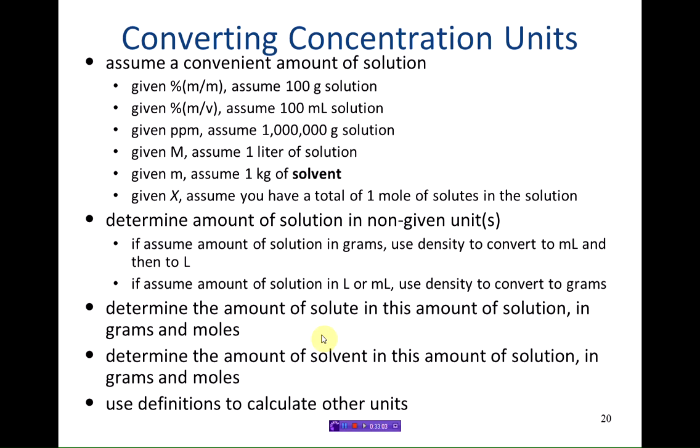So rather than assuming some weird numbers, make your life easier by assuming 100 grams of solution. Same thing if you're given a percent mass by volume, so assume 100 mL of solution. Just by making these assumptions that we show on this slide, it'll make your life a bit easier.